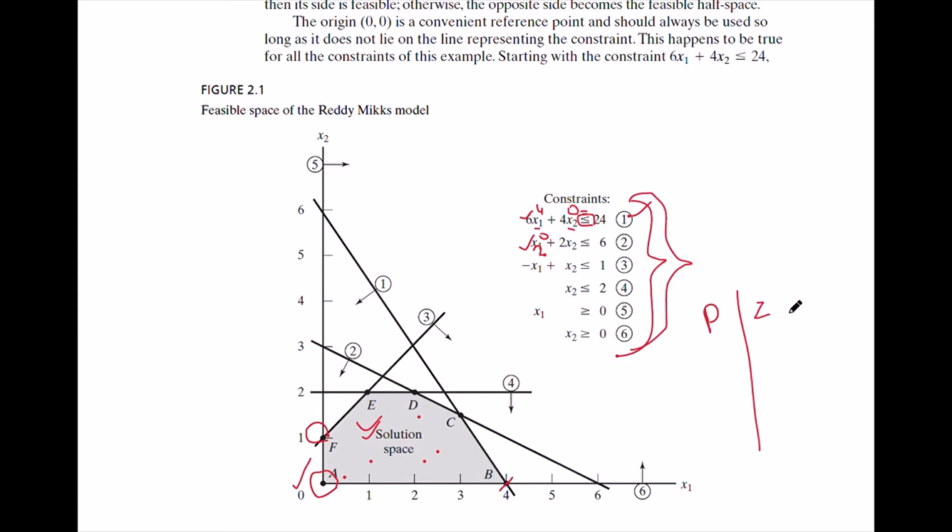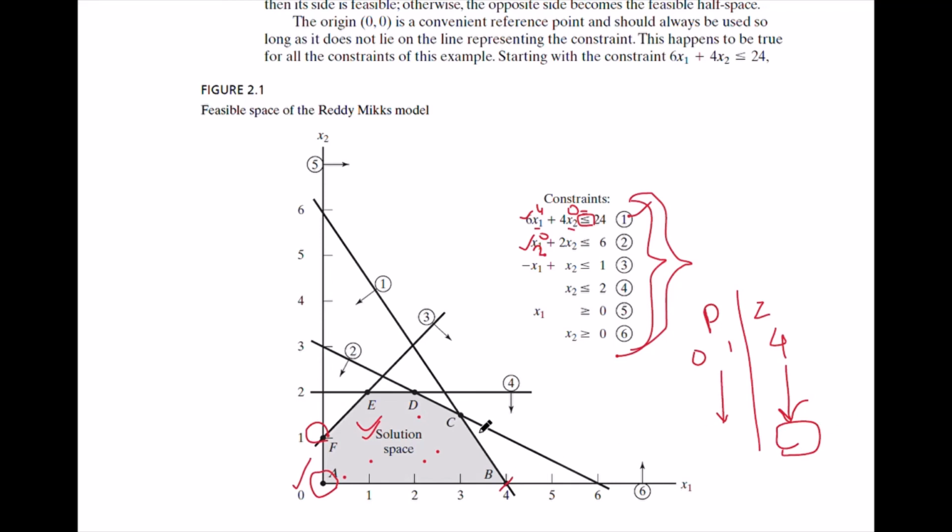Our z was 5x1 plus 4x2. Suppose the point is 0, 1. If we put it into 5x1 plus 4x2, we get the value 4. Like this, for all the points we will get all the values, and whichever one is the maximum, that is our answer.